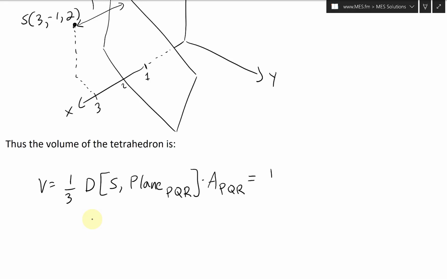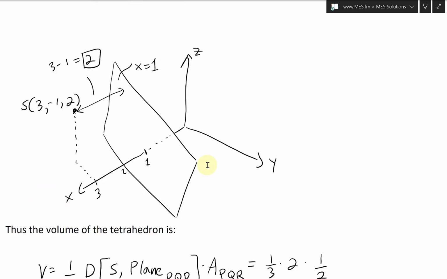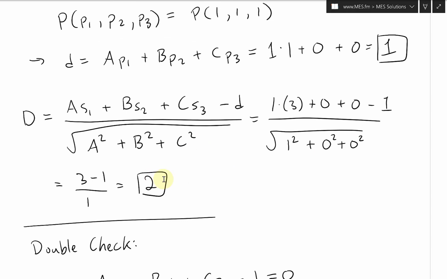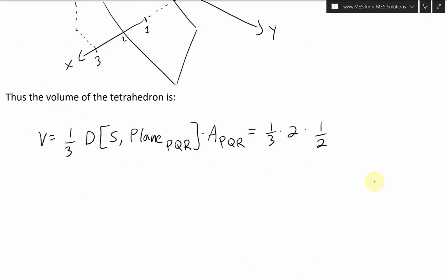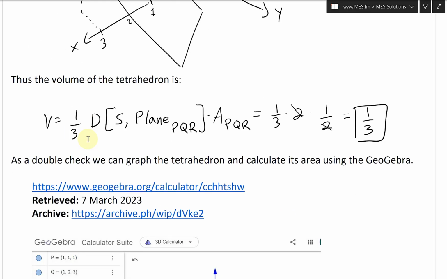This equals 1/3 times the distance, which is 2, times the area, which is 1/2. Just to double check, the distance is 2, the area is 1/2, and these 2 cancel, and this equals 1/3. Epic stuff.